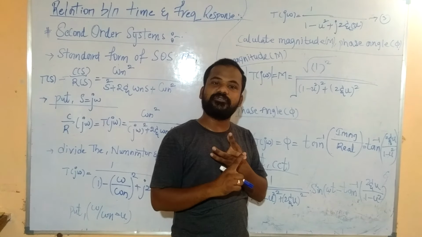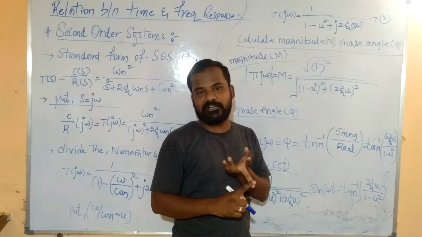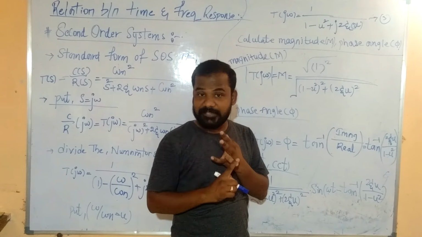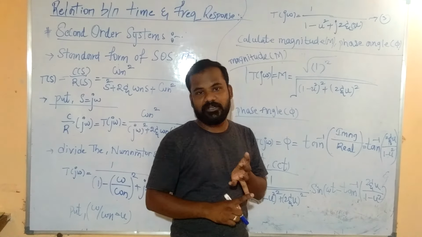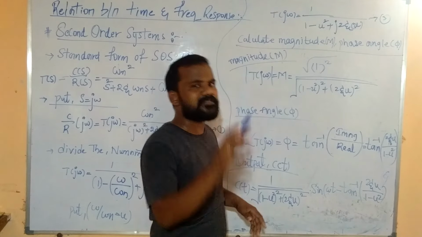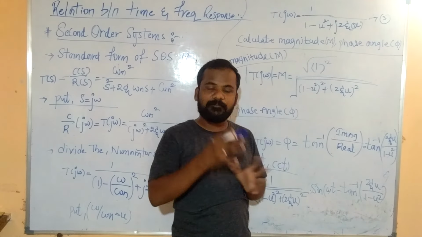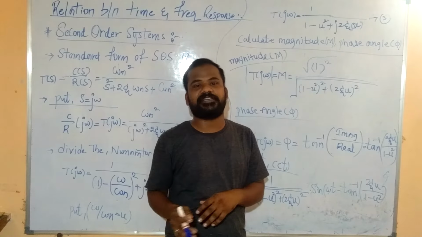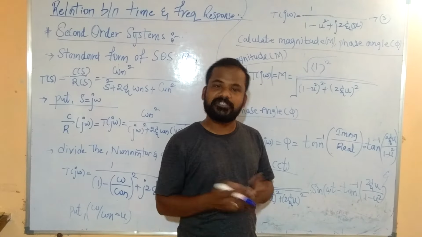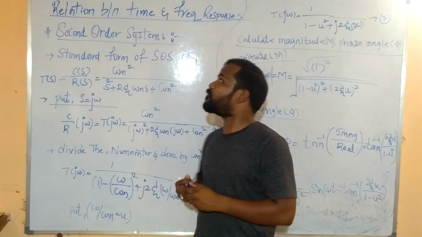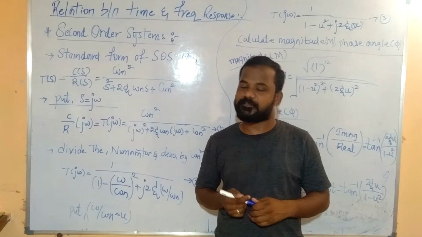When u is equal to infinity, what is the magnitude and what is the phase angle? By simply varying the value of u, you will get different magnitudes and phase angles, and with the help of all these you can draw the frequency response curves. This is a very important concept in frequency response analysis.